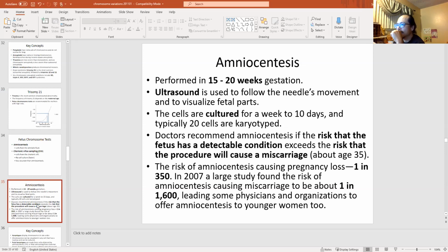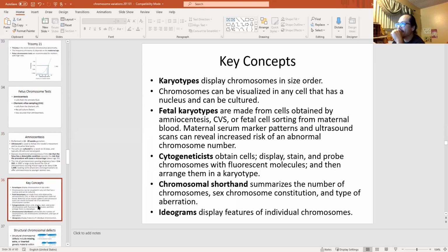All right, so that's that. Here's the summary of this important concept. Karyotype is a term, a science, to display chromosomes in order of size, from 1 to 22 by their size.